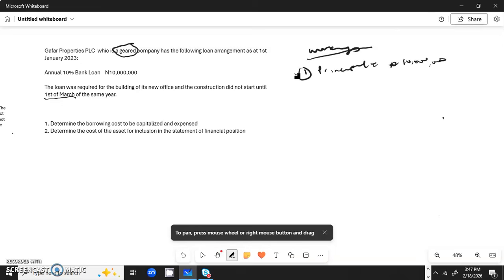So number 2, we need to determine the interest payable. The interest payable is 10% of 10 million naira. So let's take this: we drop the zeros, 10 times 10 percent, that's 1 million naira.